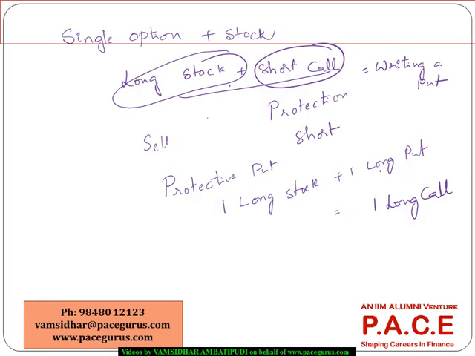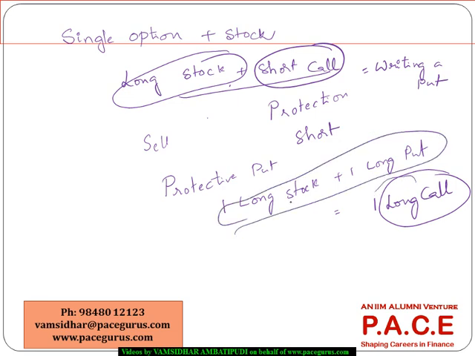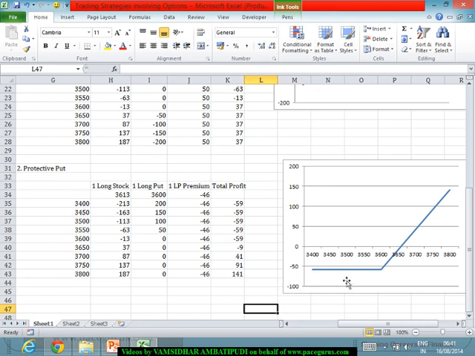Without even getting into a call option, I could create the situation of a call option by getting into a protective put strategy. So this is one more important strategy which replicates a call option.